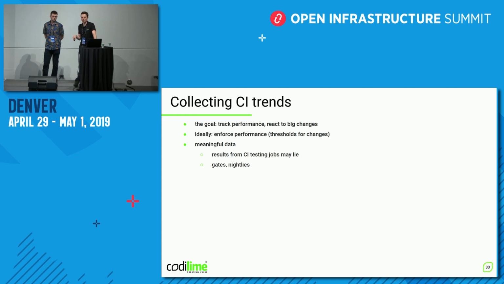And the next question is where to gather data from. When we are gathering performance data from CI testing jobs, sometimes we are catching values that were created by code that was not merged, that contained errors.